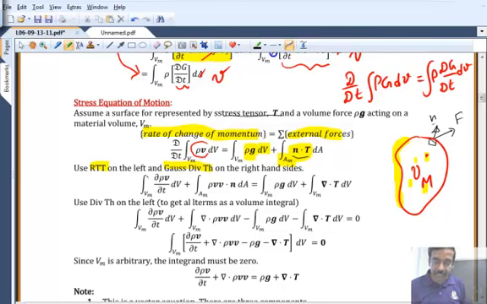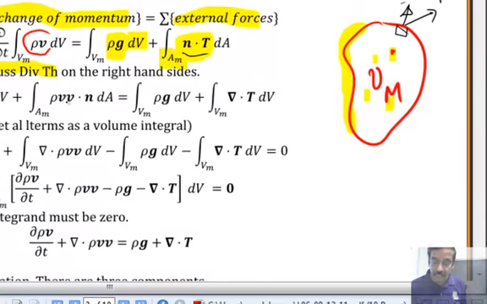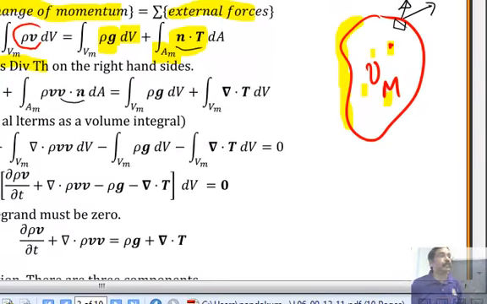What you would get is the integral of partial d dt of rho v plus the surface integral of rho v multiplied by v dot n. Rho v comes from alpha, and that is multiplied by v dot n. V dot n takes care of the normal component of the velocity on the surface, dA. So this is the entire left-hand side that comes from the Reynolds transport theorem.